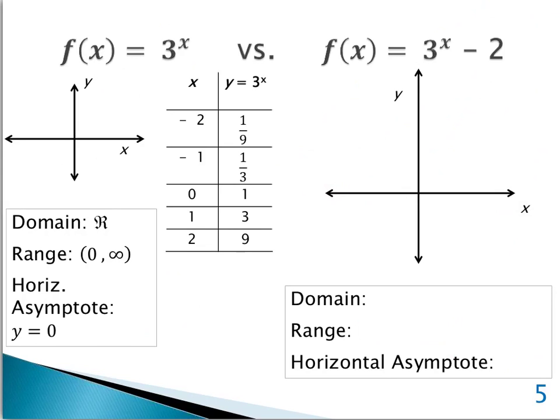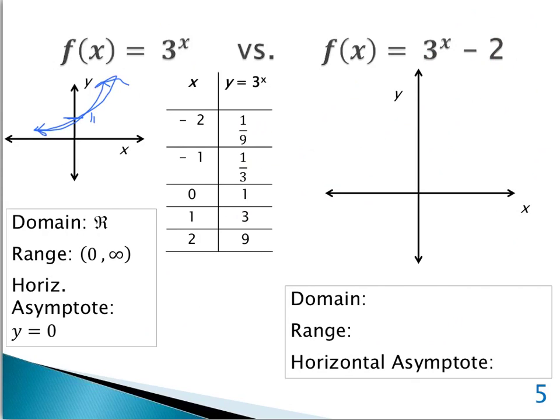We still have our original function, 3 to the x, where it hits here at 1 when x is 0, and we still have the same chart of values from that original function from previous slides. Now at this point, we're taking the function 3 raised to the x power and subtracting 2 from every y value.